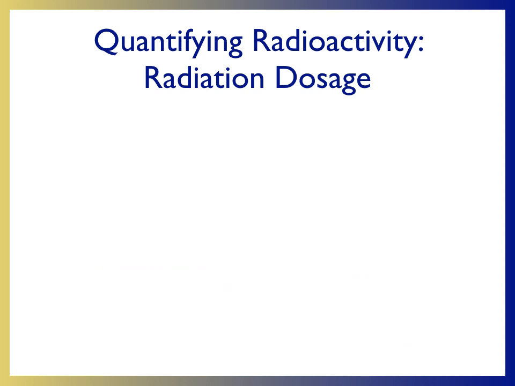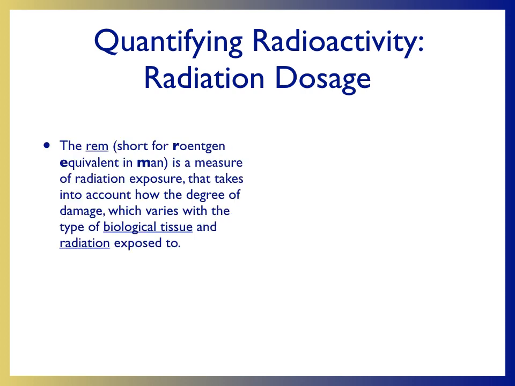However, if you want to also take into effect the amount of damage that radiation can do through ionization, you need to look at some other units. The REM is one such unit, which is short for Roentgen equivalent man. The REM measures the radiation exposure, but also takes into account the types of damage that can be done to biological tissue.